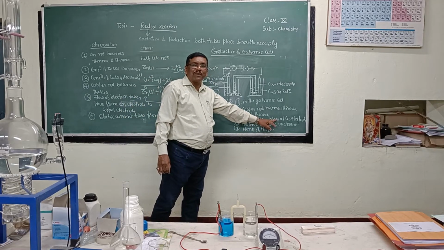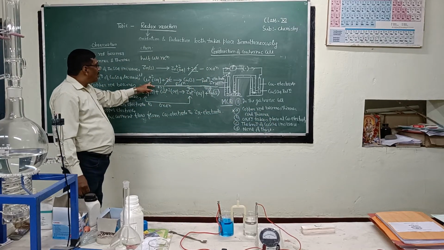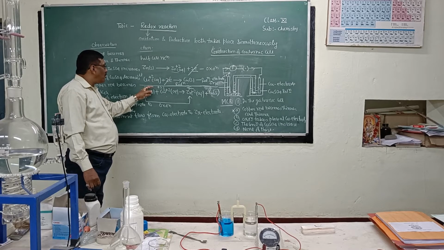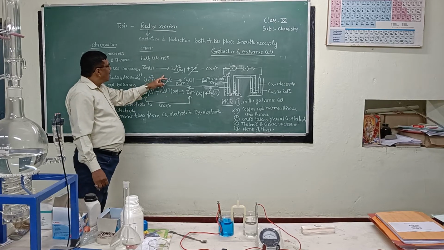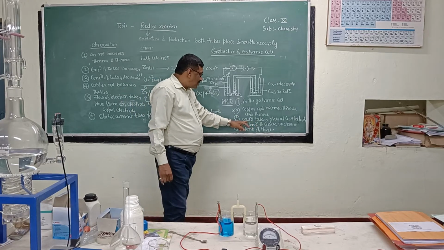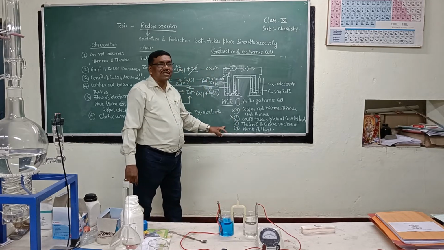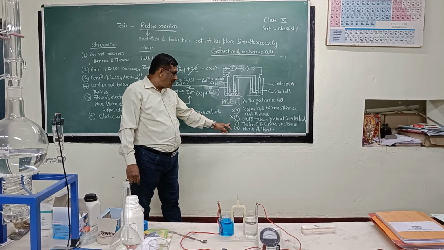Oxidation takes place at the copper electrode? Here copper gains electrons, so at the copper electrode there is reduction. Oxidation is not taking place at the copper electrode, so this is also not a correct option.